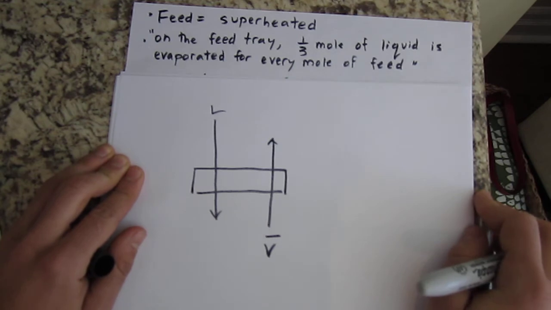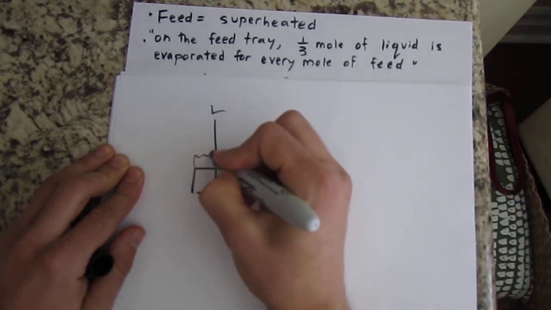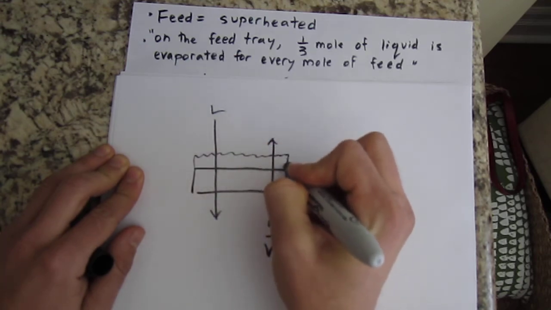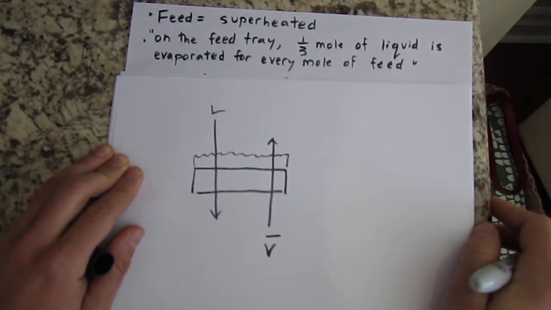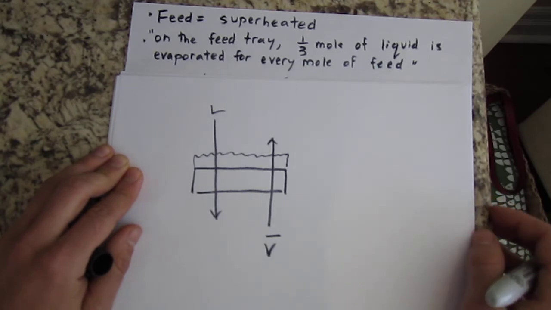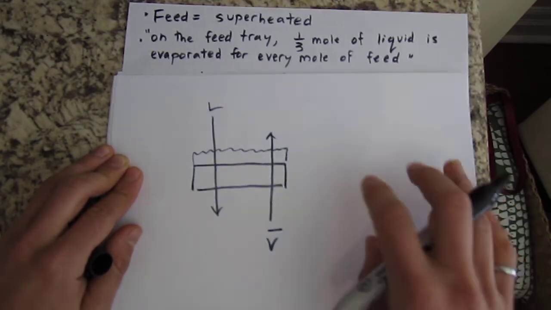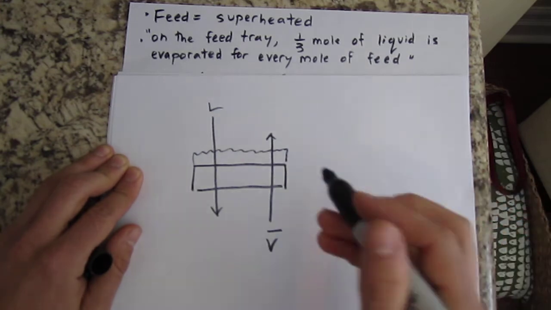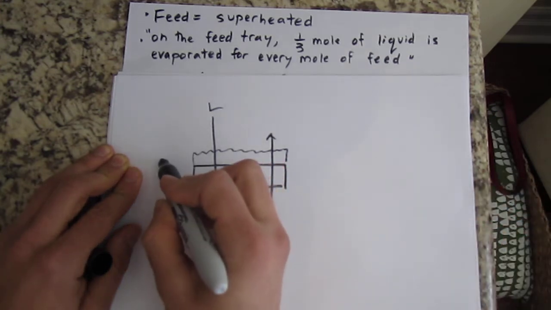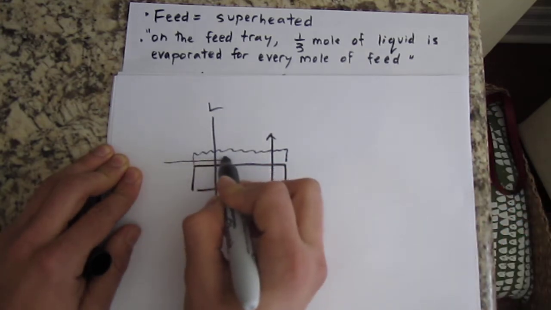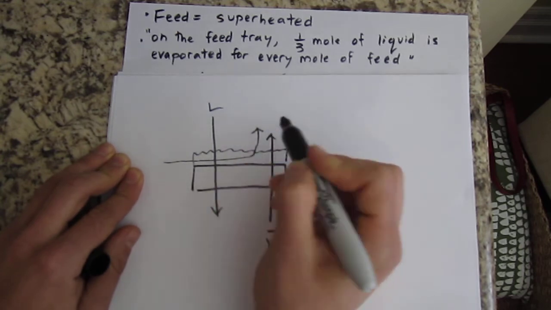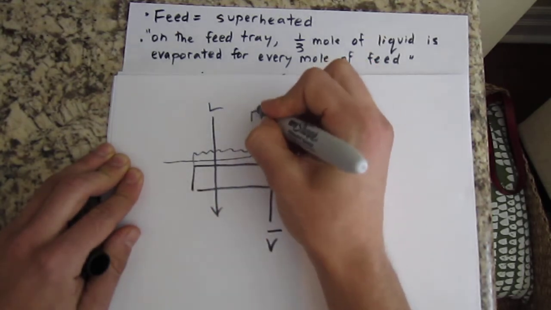And a useful way to think about it is that everything is mixing in a layer on the stage, and that everything has to leave as either a saturated vapor, like a dew point vapor, or as a saturated liquid, like a bubble point liquid. So we draw the mixing layer, and the feed moves through, and it's a vapor. So it's going to exit as a vapor, but it has to exit as a saturated vapor.